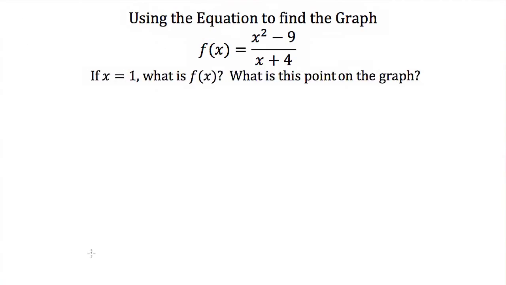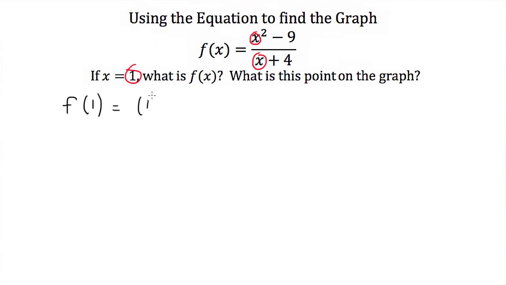Next we're asked, if x is equal to 1, what is our function value? And then what is this point on the graph? Well, if we know x is equal to 1 and we want to know our function value, we're looking for just f of 1. And to find this, we take this value of 1 because x is equal to 1 and we replace x in our function with the number 1.